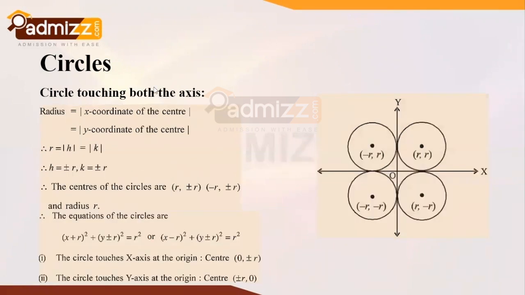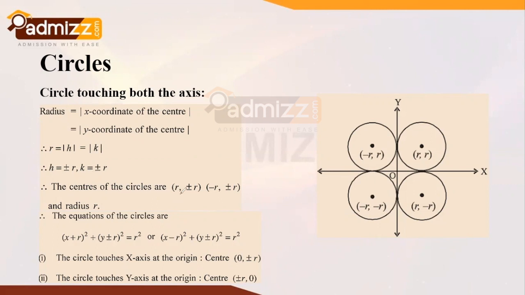Now, circle touching both the axes. Whenever a circle touches both the axes, we definitely can understand that the center points of these circles have the range plus or minus r. The x coordinate and y coordinate of the center point, that is h comma k, can take values from minus r to plus r. Both the values can fluctuate, so it depends on the condition which is specified to us.